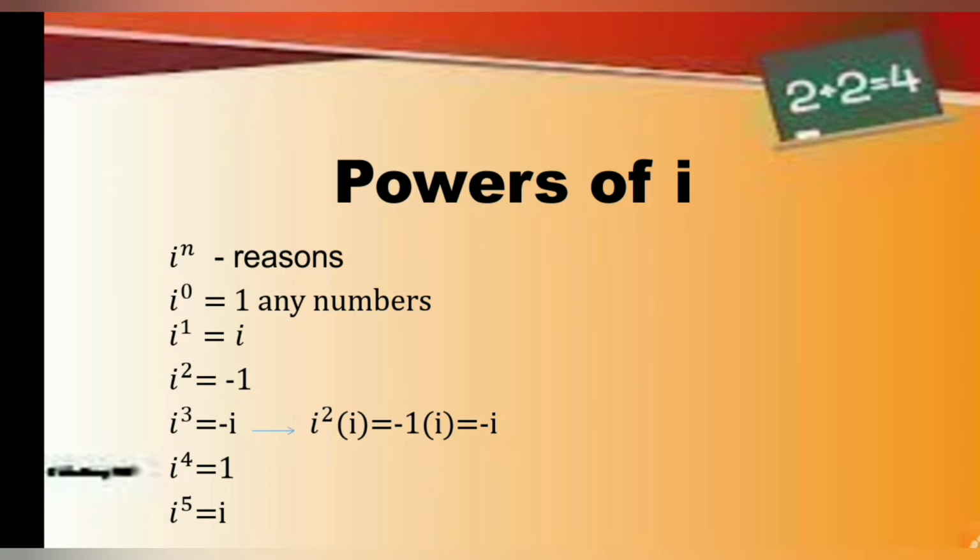So i to the power of 1 is equal to i, and i to the power of 2 is equal to negative 1, and i to the power of 3 is equal to negative i, where i squared times i is equal to negative 1 times i, which is negative i. Then i to the power of 4 is equal to 1. Then i to the power of 5 is equal to i.